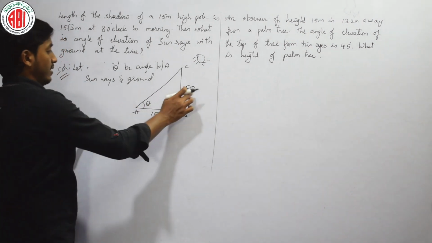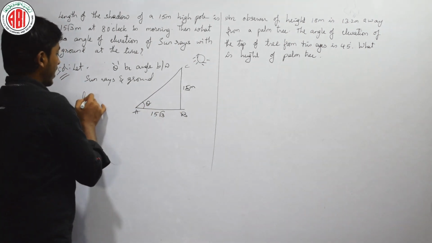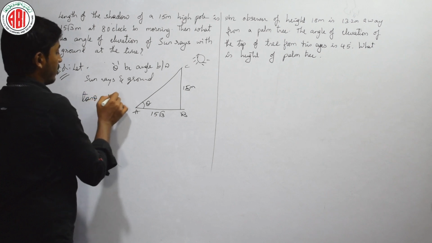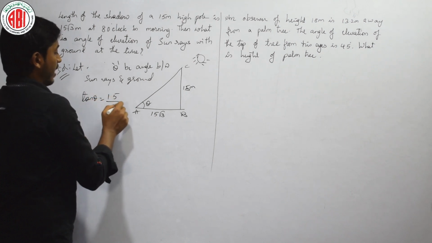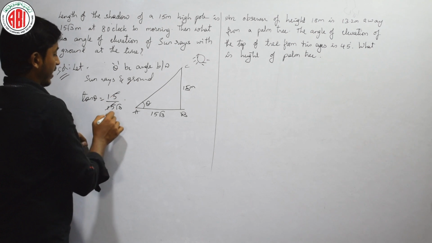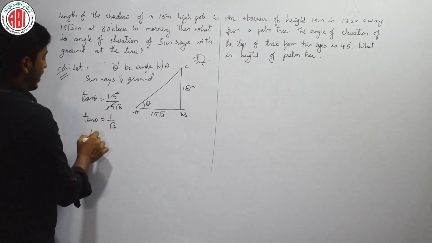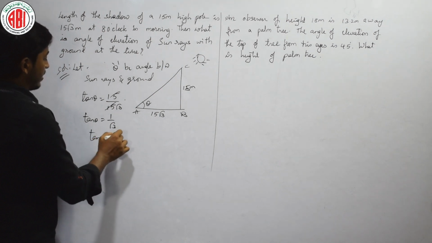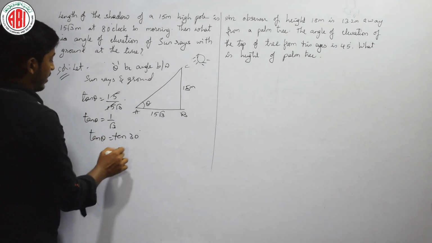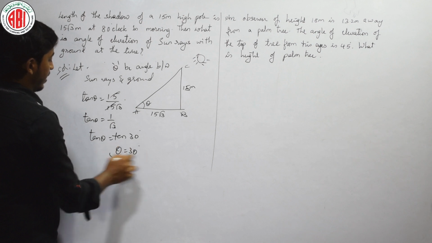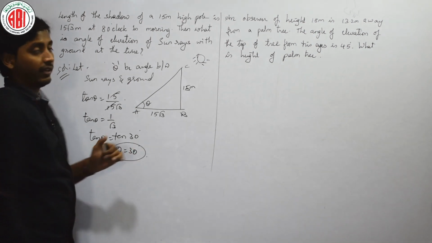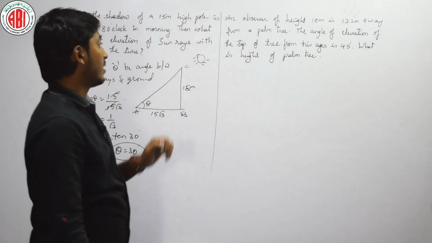Then this is opposite, then this is adjacent, then tan theta is equal to opposite by adjacent. 15 will get cancelled, 1 by root 3. When do we get 1 by root 3 in tan? Tan theta is tan 30, therefore the angle made by the sun rays is 30 degrees. Okay. Now see the next question.